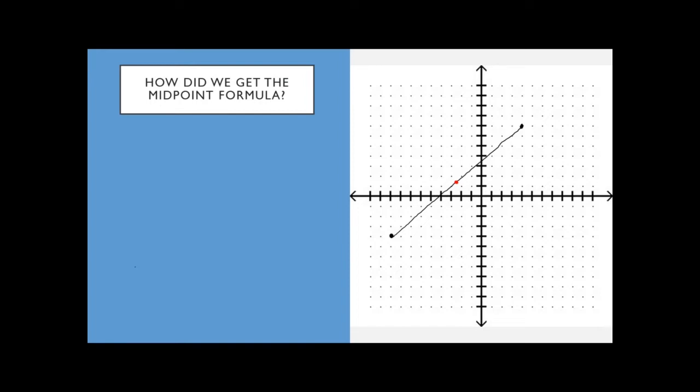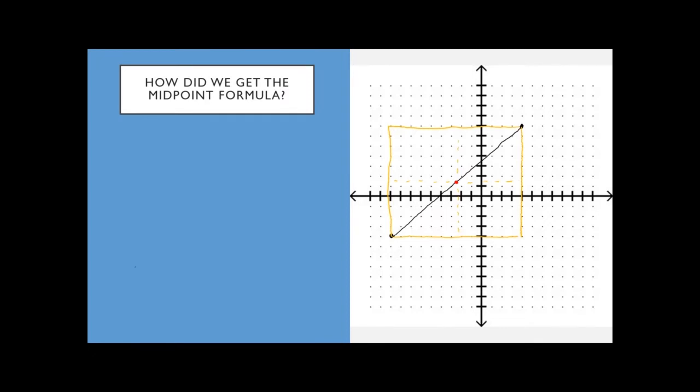So there are two ways to think about the midpoint formula. One is looking at it geometrically, where if we actually drew a rectangle, so I've got my rectangle here, you can see that the halfway point lines up so that it's about halfway in the vertical direction, and also about halfway in the horizontal direction.